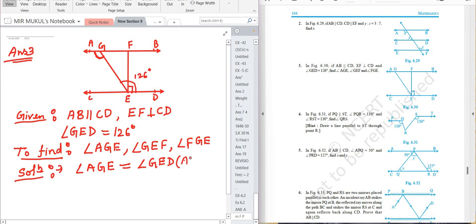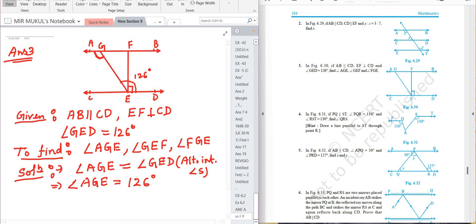Because they are alternate interior angles. It means angle AGE we are getting 126 degrees. First angle we got. Now we have to find GEF.